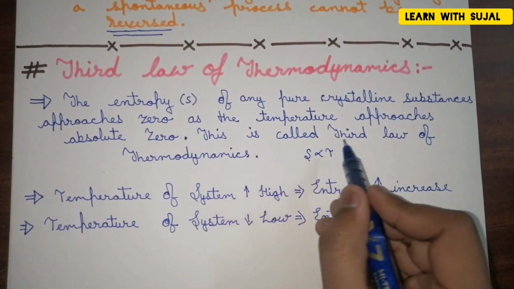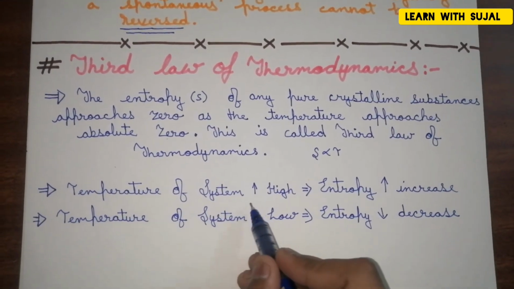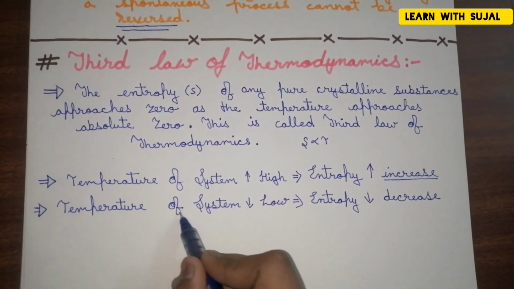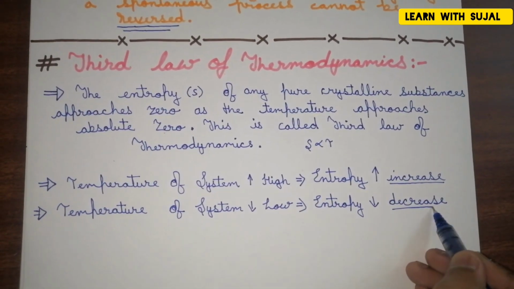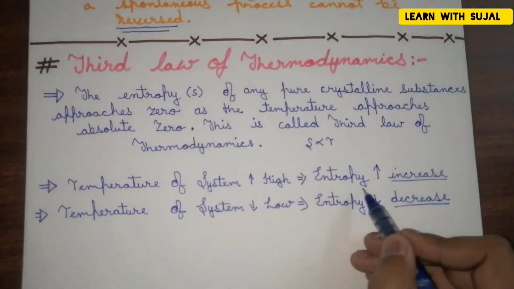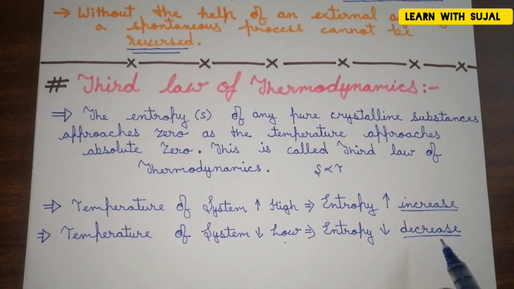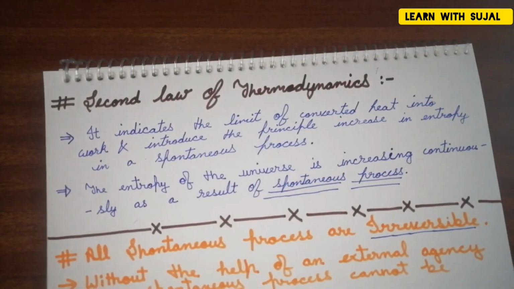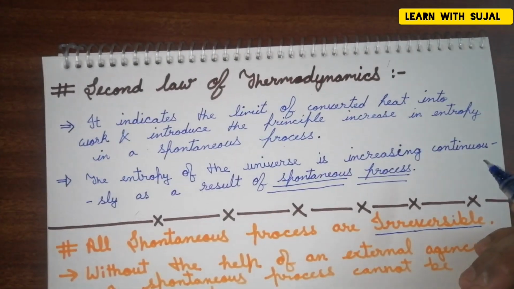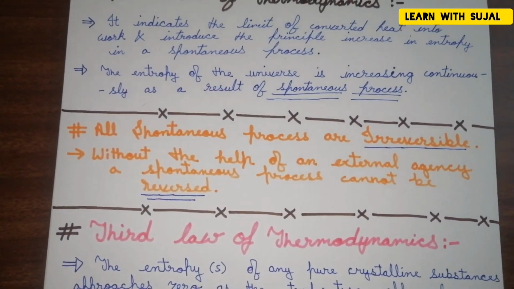Let's say the points: if the temperature of the system is high, then the entropy will increase, and if the temperature of the system is low, then the entropy will decrease. And the second law states that spontaneous processes always increase the entropy, and a spontaneous process is irreversible.